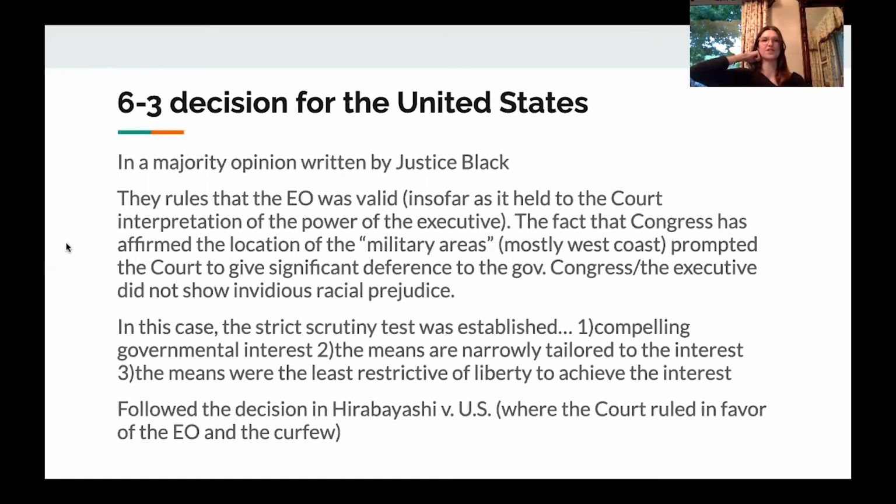So this case was decided for the United States, 6-3. The majority opinion was authored by Justice Black, in which, of course, they found for the United States.